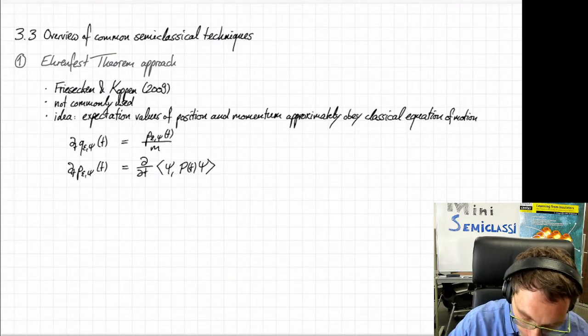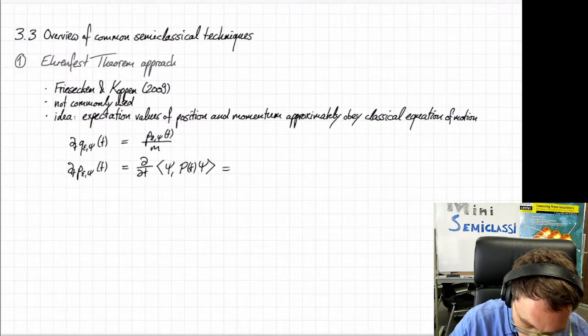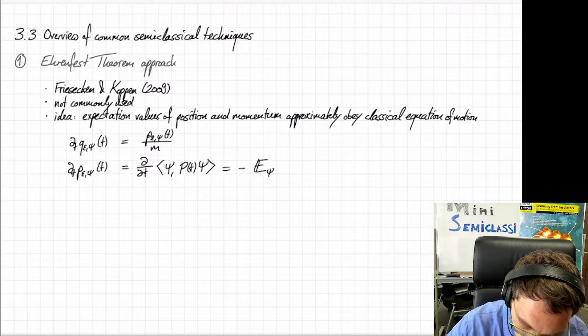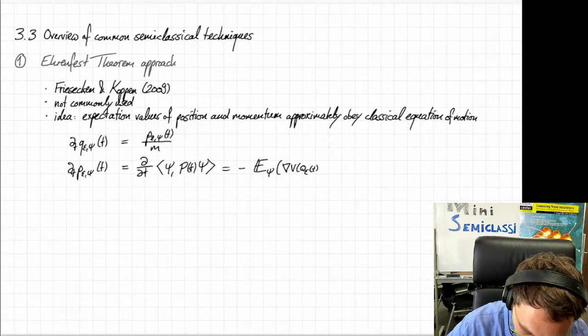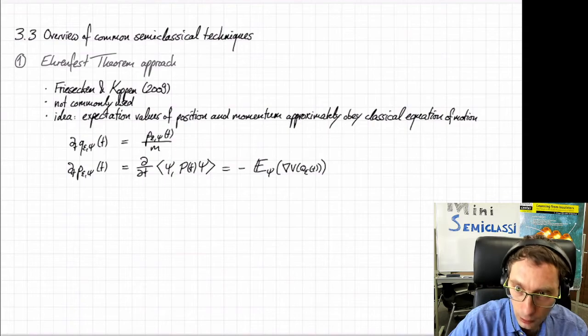Keep in mind that the time evolution contains an epsilon here. And just by explicit computation, you can see that this is minus the expectation value of the gradient of the potential evaluated at the time-evolved position operator.